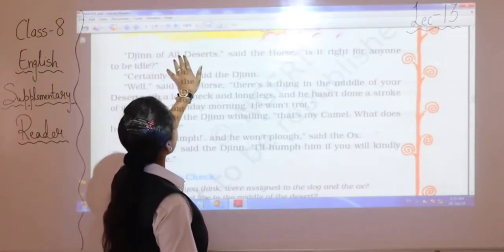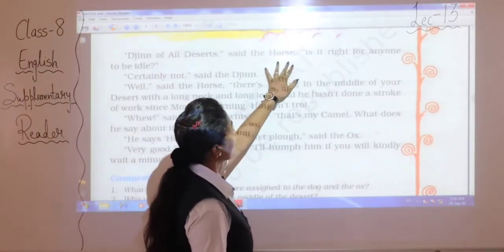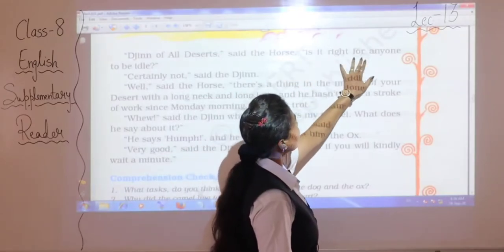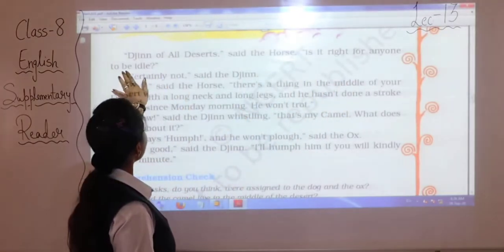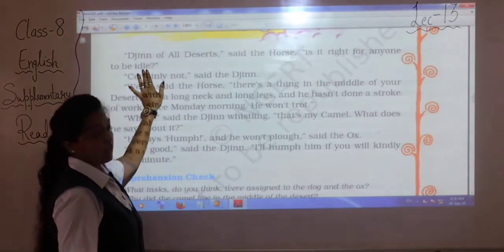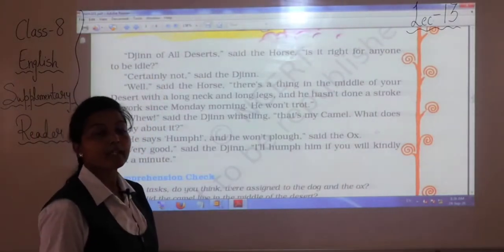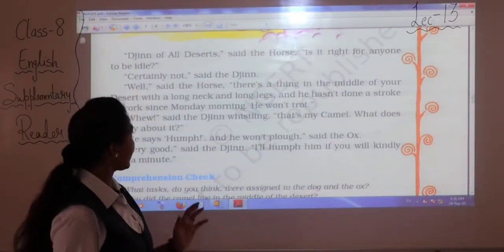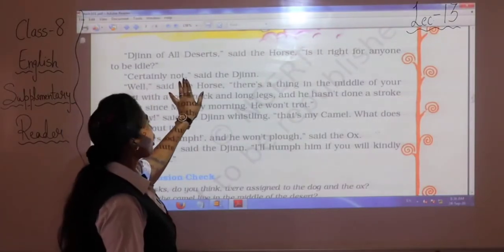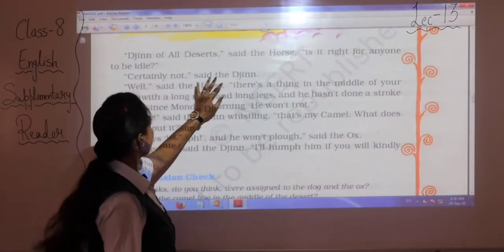"Jinn of all deserts," said the horse, "is it right for anyone to be idle?" Then he said that it is right for anyone to be idle, that is, not doing anything. "Certainly not," said the jinn.